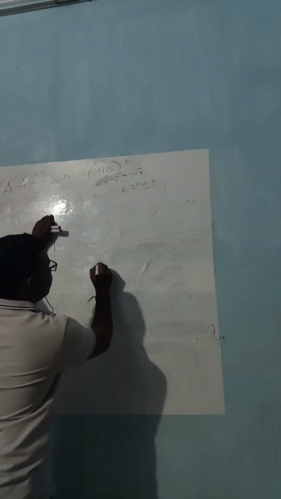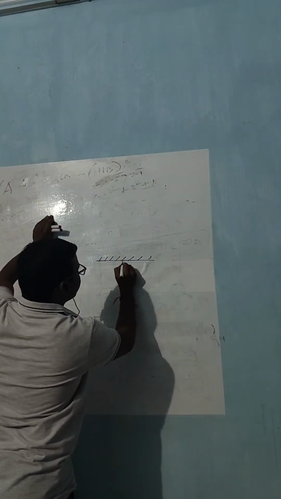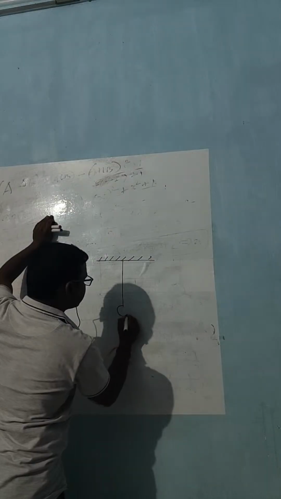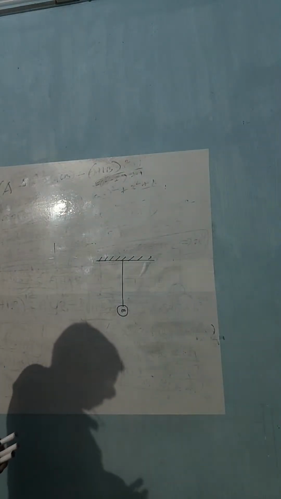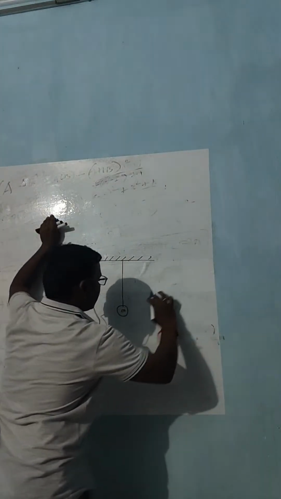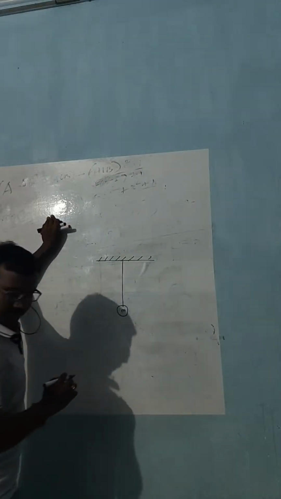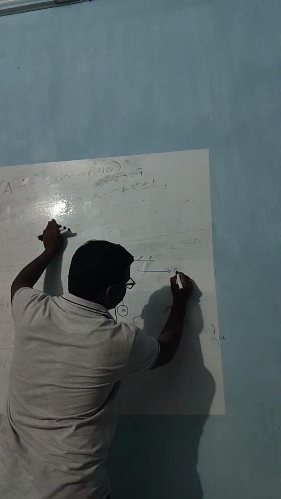See here, another one I will take. This is a simple pendulum having mass m. This is the initial case, hanging like this. This is the direction of the electric field.